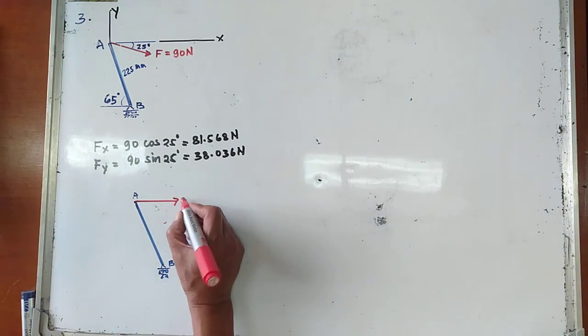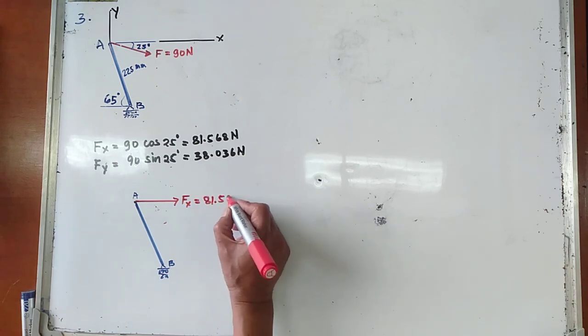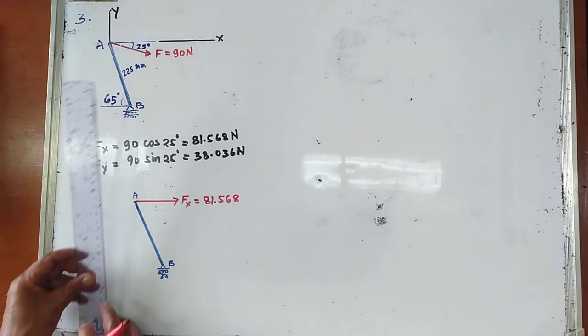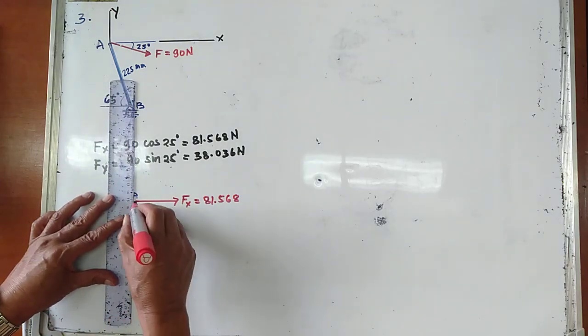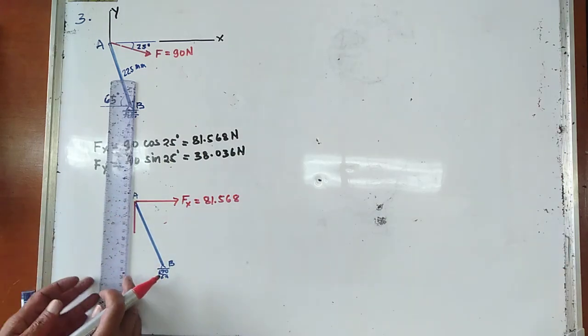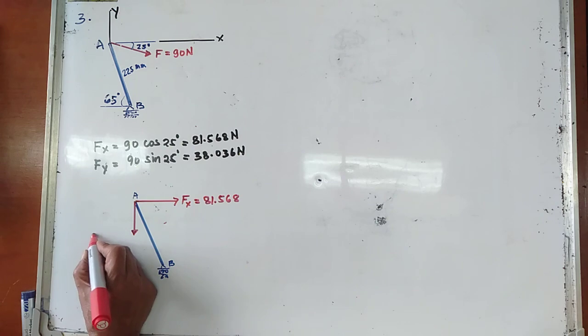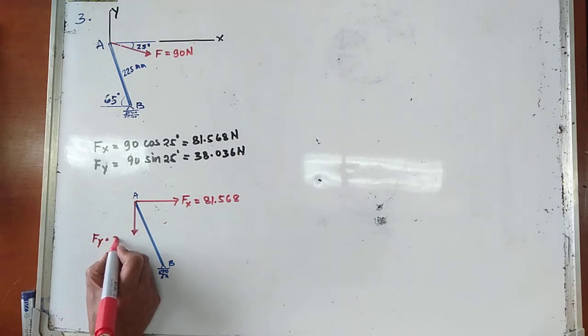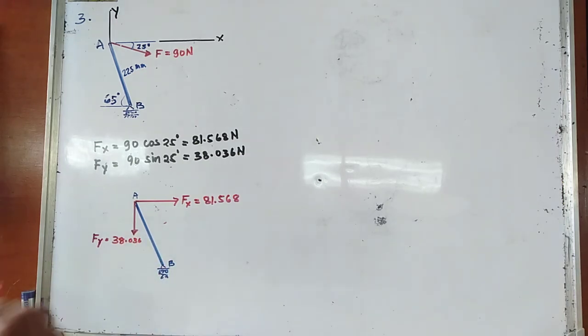So this is now your Fx, and your Fx is now equal to 81.568 newtons. And we now have your Fy. So this is now your F sub y, and your Fy is equal to 38.036 newtons.